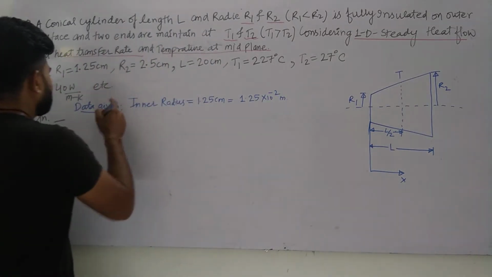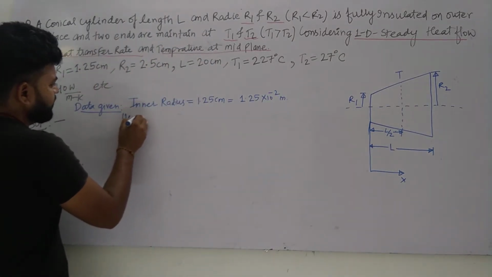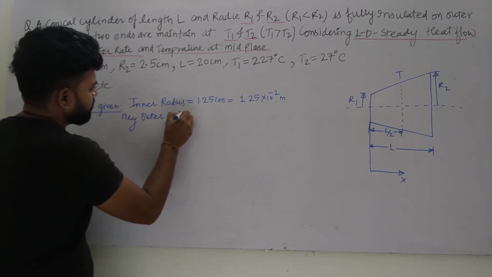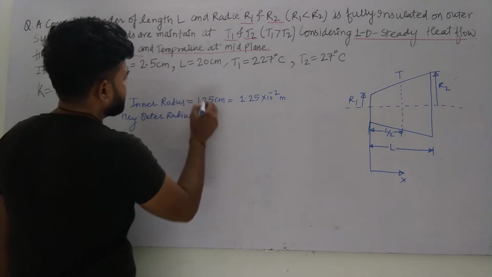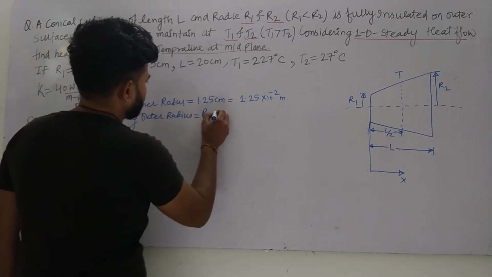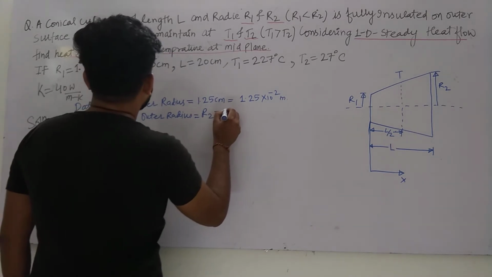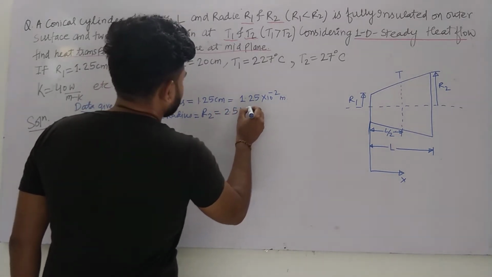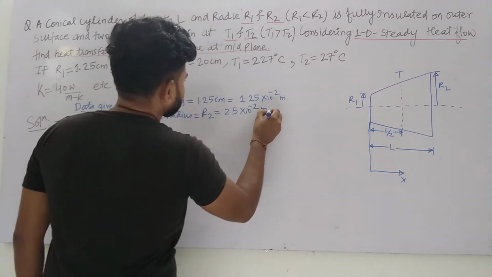Okay. Similarly, the outer radius. What is your outer radius, my dear students? The outer radius, that is your R2, is equal to 2.5 centimeter into 10 to the power minus 2 meter.